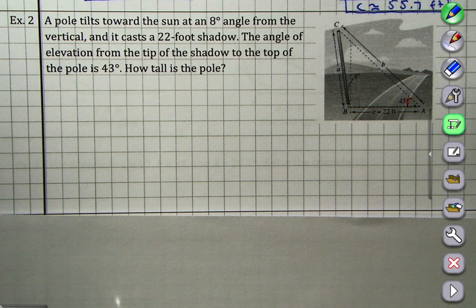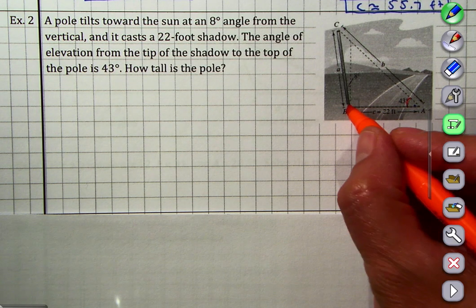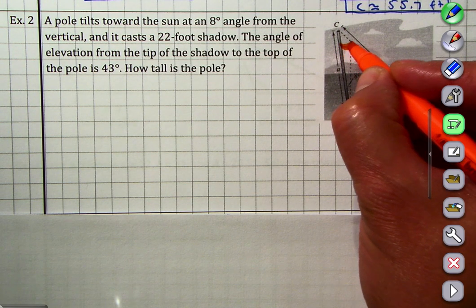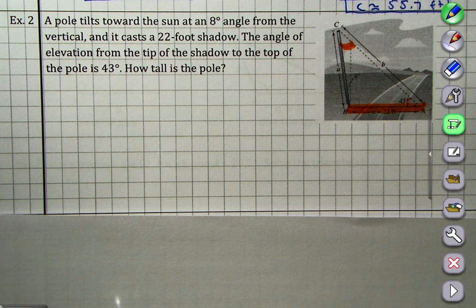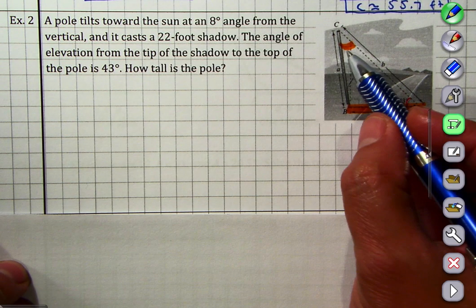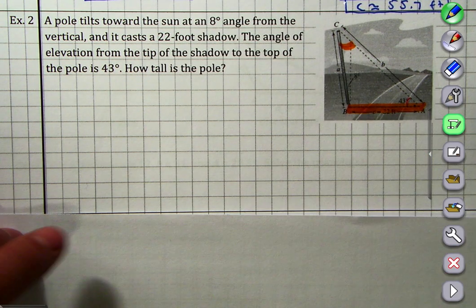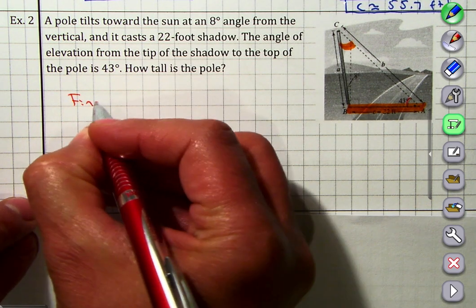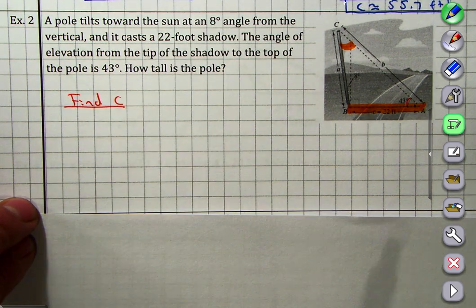So therefore, I have a side, and I need to be able to find the opposite angle in order to be able to use the law of sines. And we have enough information to find the missing angle. So do me a huge favor, go and find the missing angle, find C, and see what you get. And then we can compare our answers.